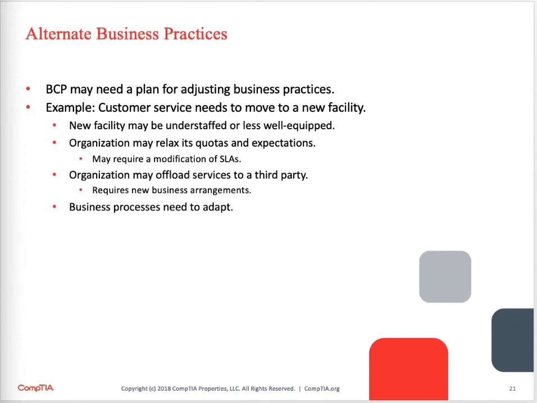The former might require a modification to our service level agreements with our customers, right? Or the latter might mean that we have to offload all of our services. I mean, in offloading all of our services, we might have to have entirely new business arrangements, right? So, in either case, our business processes have to adapt.